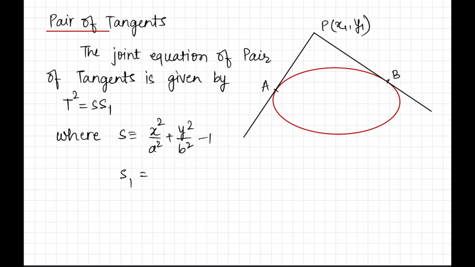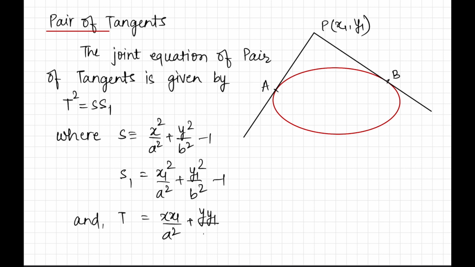S1 is x1 square by a square plus y1 square by b square minus 1, and T is x1 x by a square plus y1 y by b square minus 1. So these are the values of S, S1 and T.